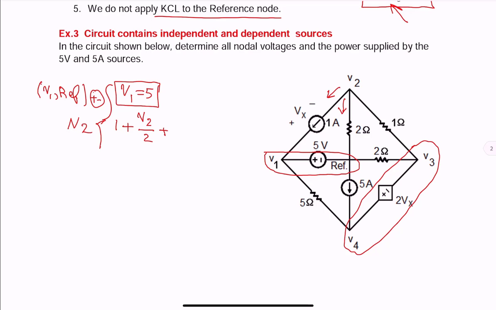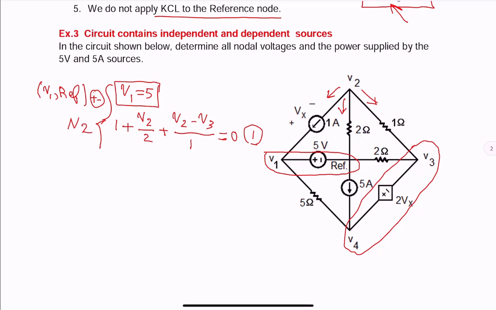And for the current going down the right-hand side branch, we need positive on the top and negative at the bottom of the 1 ohm resistor. In other words, V2 minus V3. So we have V2 minus V3 divided by 1 equal to 0. Let us call this equation 1, and we will come back to it.